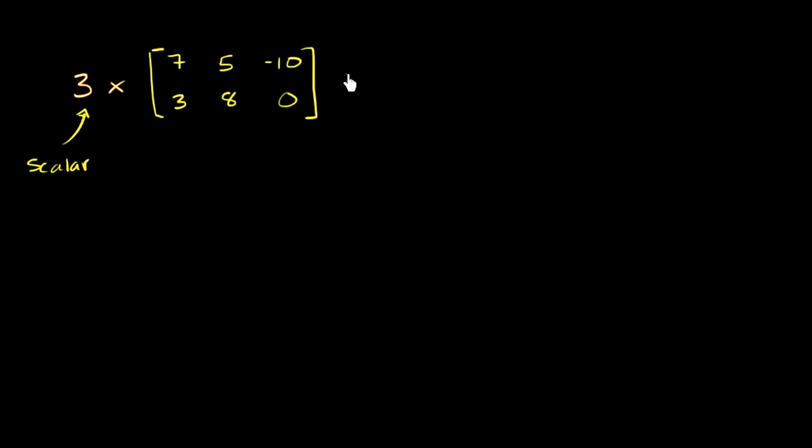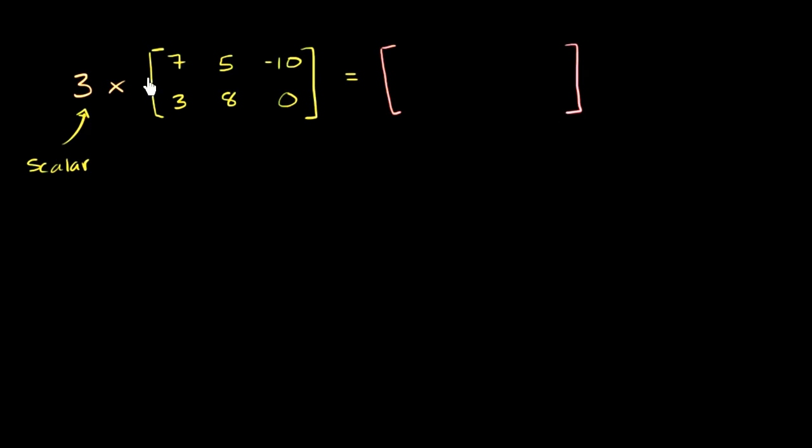How would you define this? What do you think 3 times this stuff right over here should be? Well, the world could have defined scalar multiplication however it saw fit, but one way that we find perhaps most obvious and most useful is to multiply this scalar quantity times each of the entries.